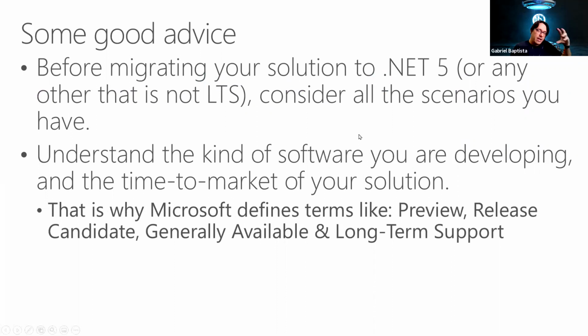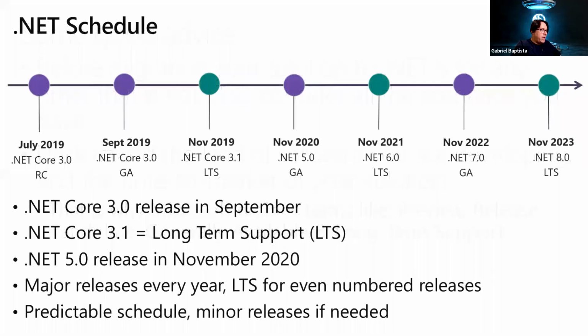This is something that I always like to remind you of, because it's really cool to have your website up to date. But on the other hand, you're going to have some small troubles when you really want to deploy this to production. Be careful about that. Understand the kind of software you are developing. If you are developing something where the time to market is now, then I would not recommend you to have .NET 5 in production.